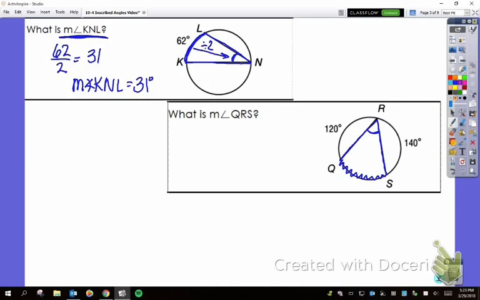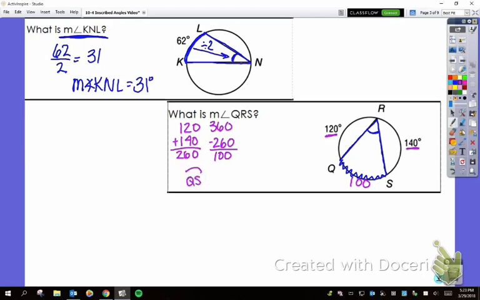We have 140 and 120, and we know that there's 360 degrees in a circle. So our first step is to add 120 plus 140, which gives us 260 degrees. Then we subtract 360 minus 260, which gives us 100. That 100 represents this arc, arc QS.